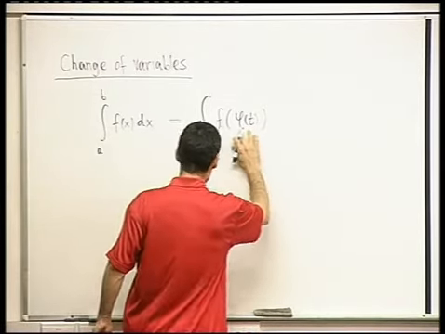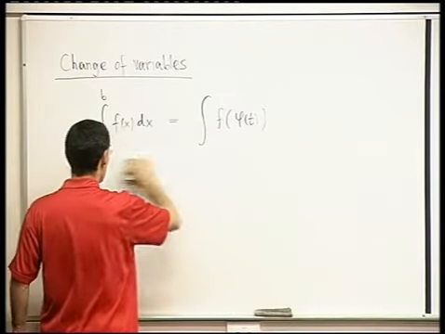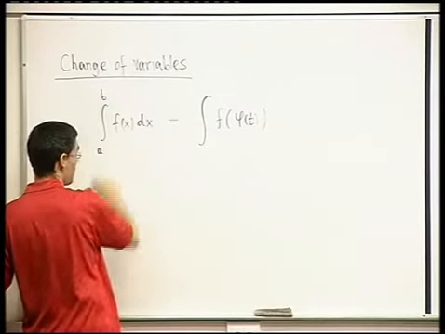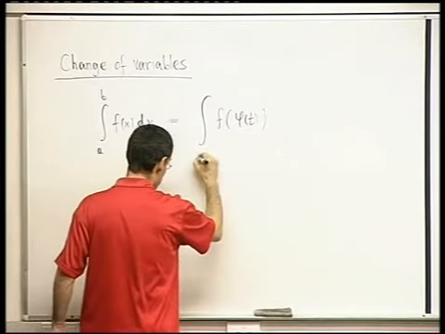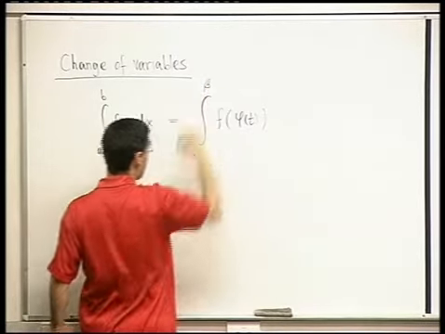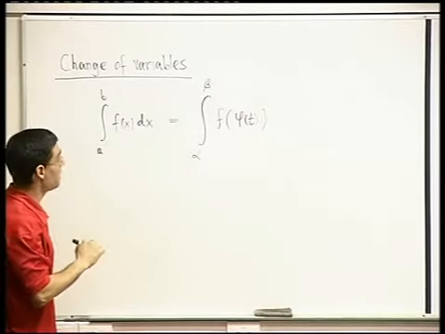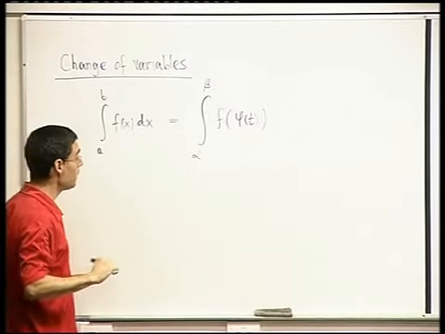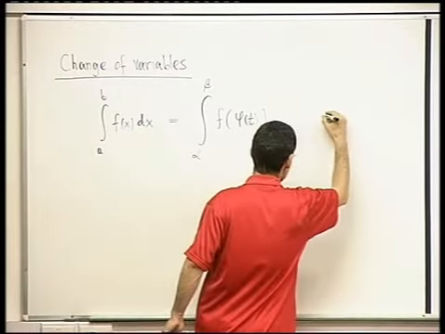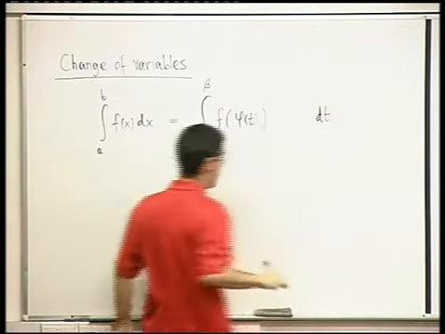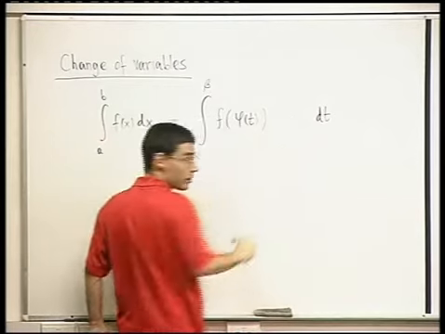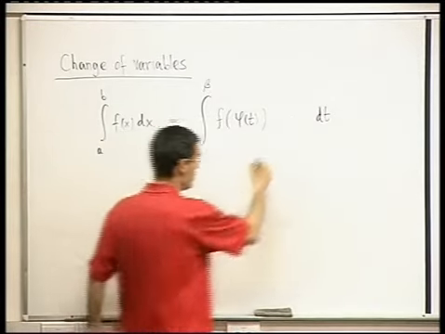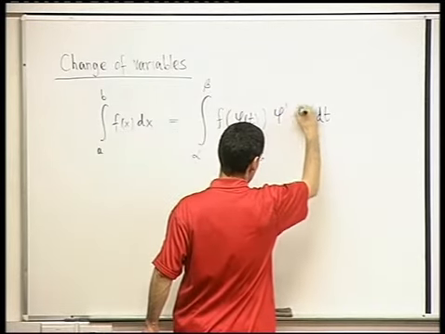And the range over which we're integrating now has to correspond to the new variable, and it's going to be some alpha and some beta, and I'll write in a minute how they relate to a and b. And then there's going to be the dt here in the new variable, and then there's going to be something else here, and that something else is the derivative of phi with respect to t.